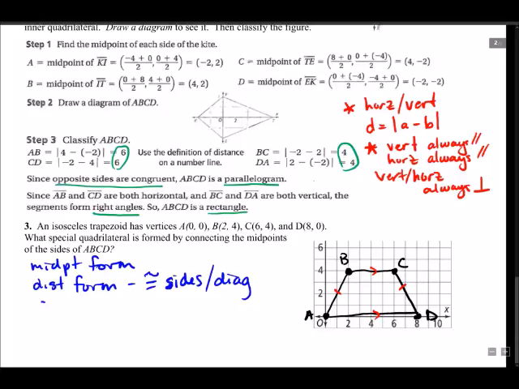We would use slope formula to show parallel or perpendicular, and then we could classify our figure that's in the middle. And so that's how these are done.